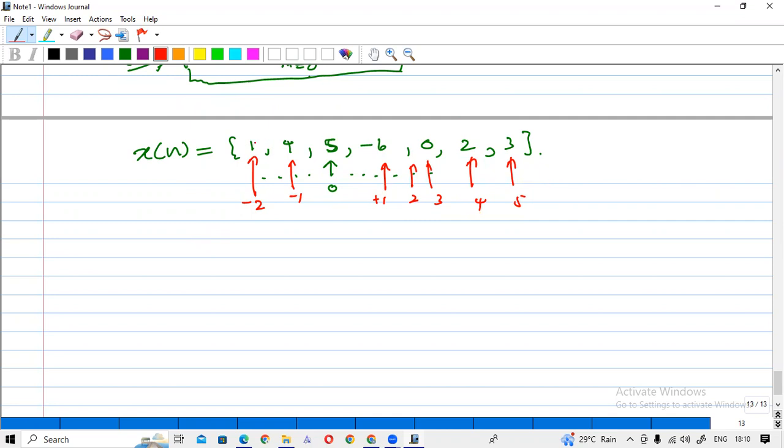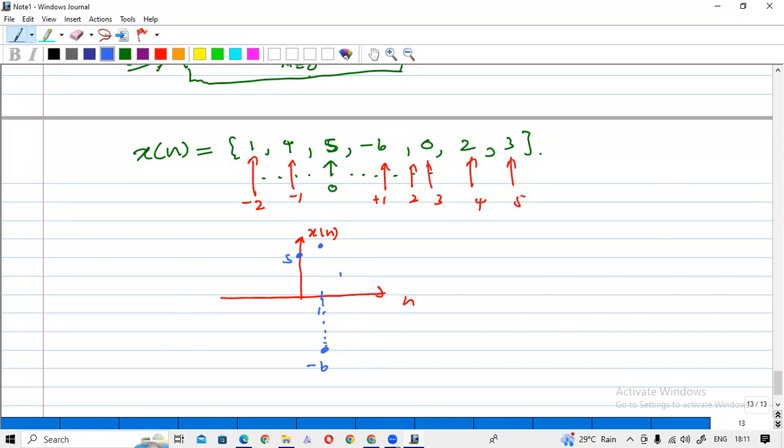These values are the impulse values actually. So you can write this xn like this. At 0 you have 5. At 1 you have -1, that means in this direction you have -6. So this is 5, this is -6.